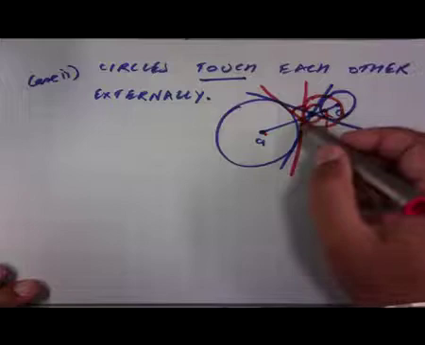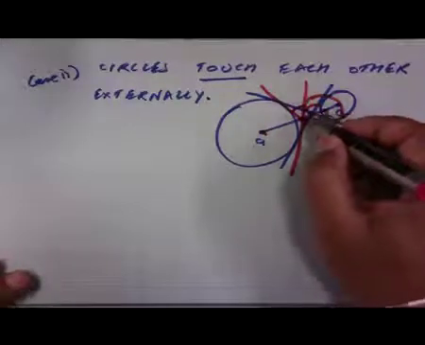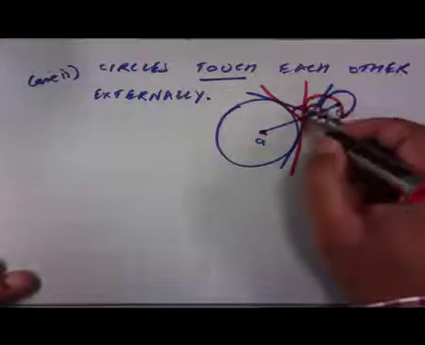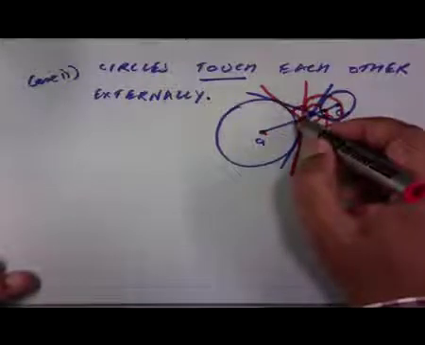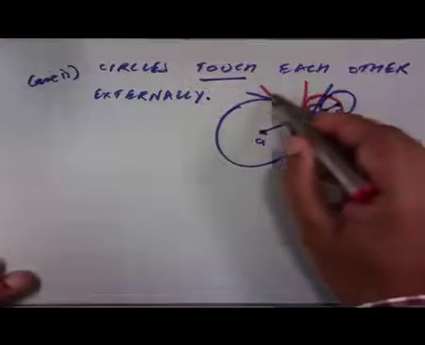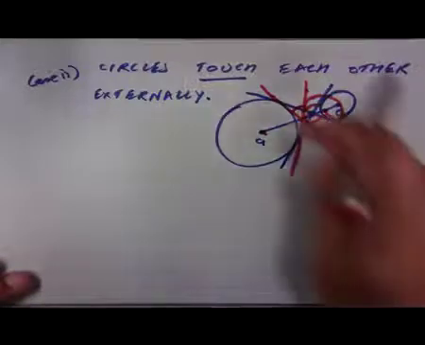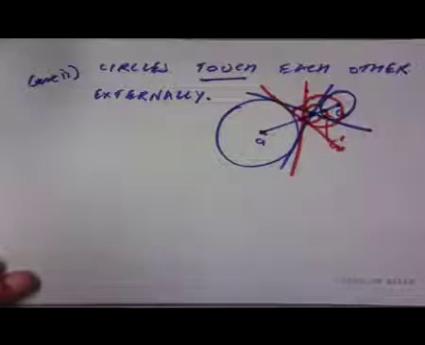As we move further, the moment this smaller circle touches the first circle, we expect that these two tangents will probably become the same one, a single transverse common tangent.